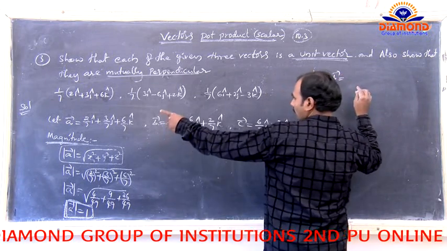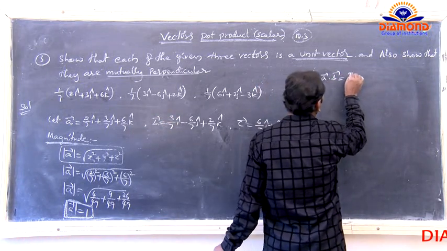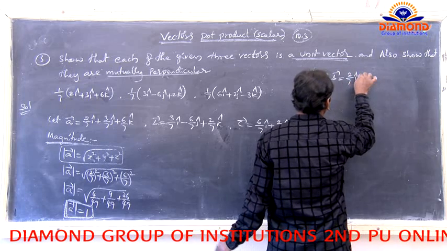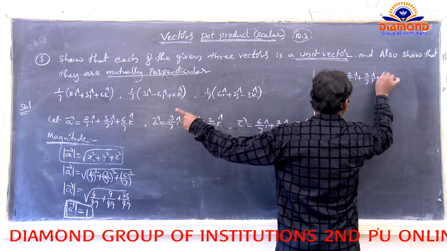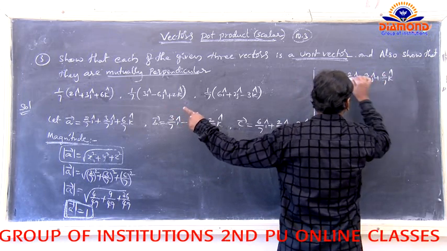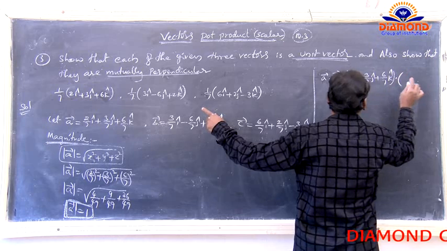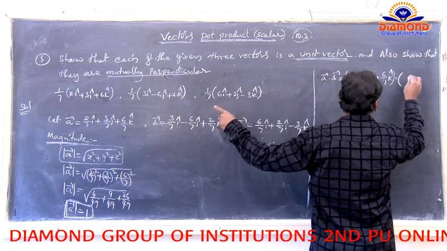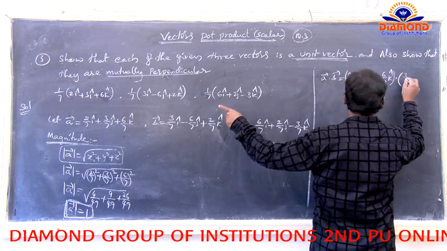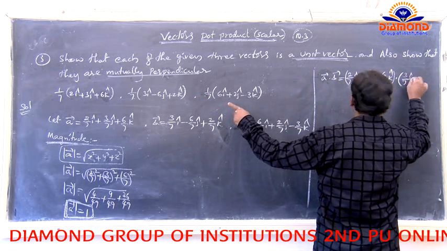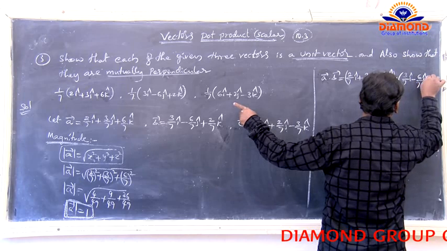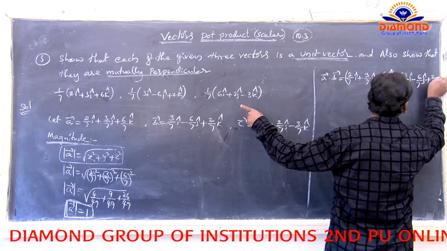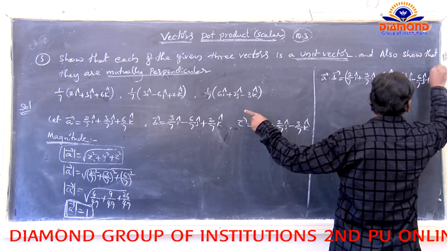A vector means 2 by 7 i cap plus 3 by 7 j cap plus 6 by 7 k cap, dot 3 by 7 i cap minus 6 by 7 j cap plus 2 by 7 k cap.